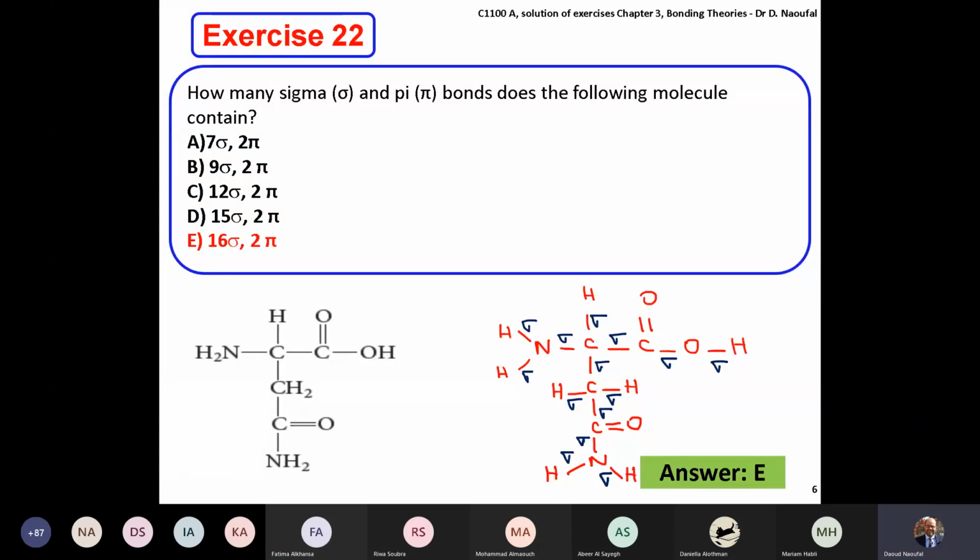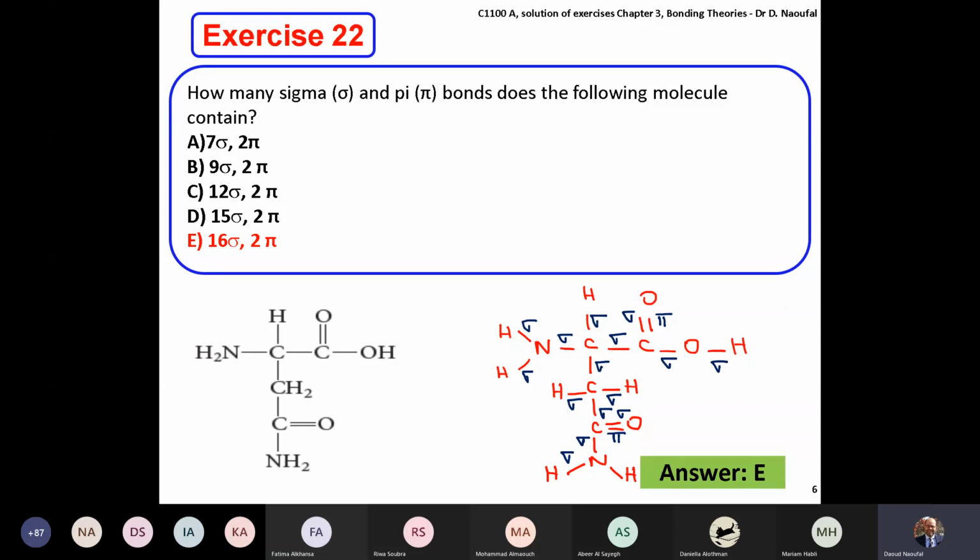I pass now to the double bonds. In the double bond, one is sigma, the second is pi. Pay attention to the double bond: we describe it when we draw all orbitals. One bond is sigma, the second bond is pi.